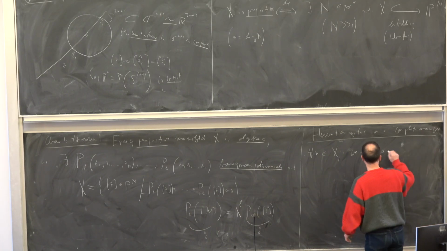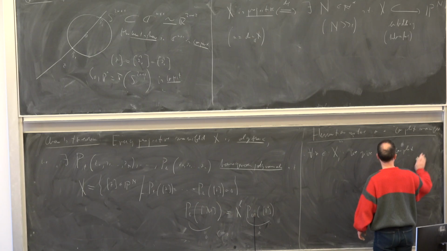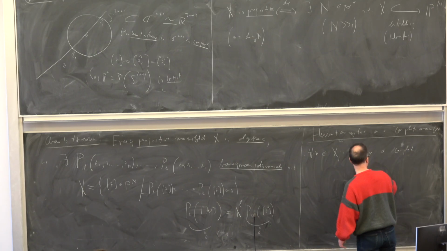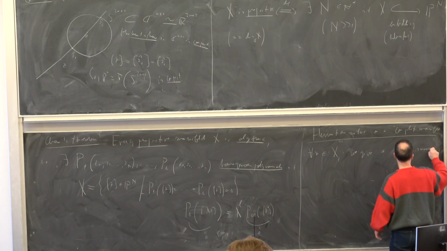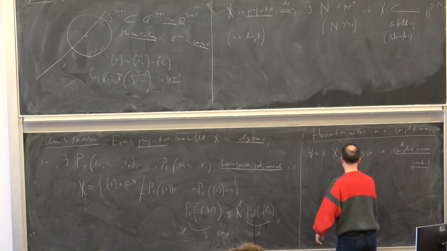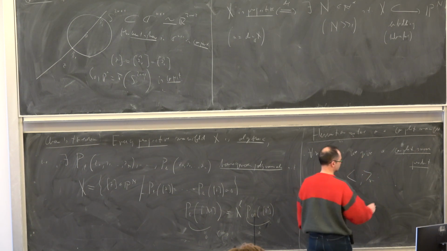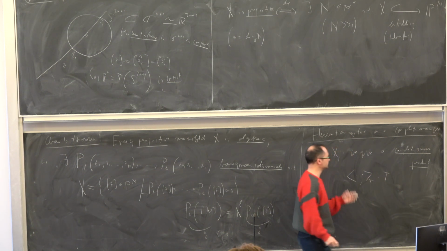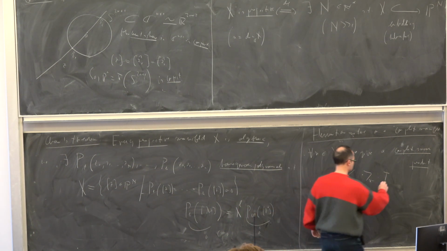So we give a complex inner product, so scalar product, denoted in this way, defined on the complex tangent space, that is the fiber of the tangent bundle, right?